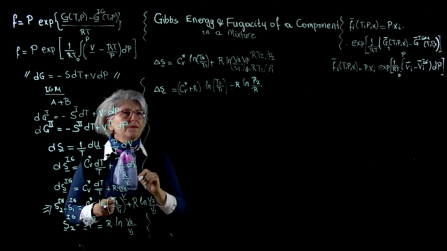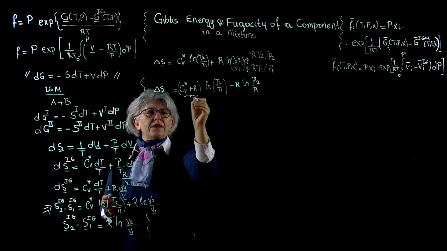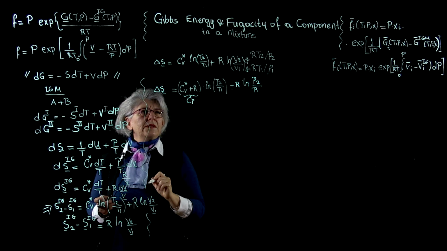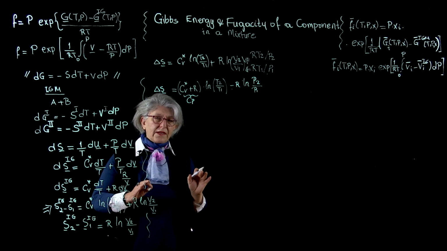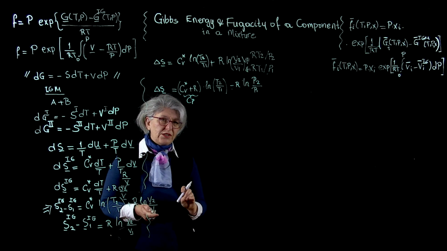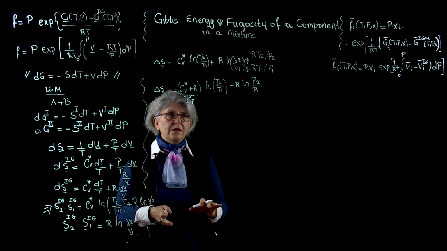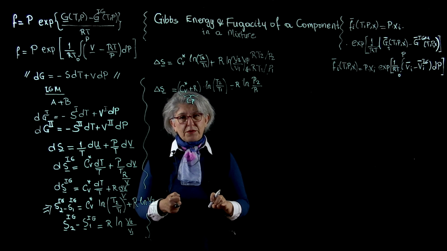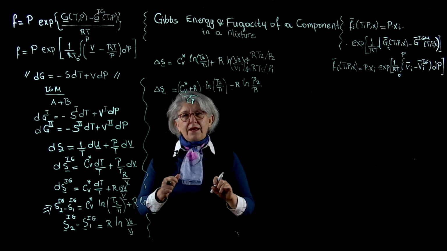Cv plus R is Cp, right? So here I have an expression which gives me the entropy change of a fluid if its temperature and pressure change.